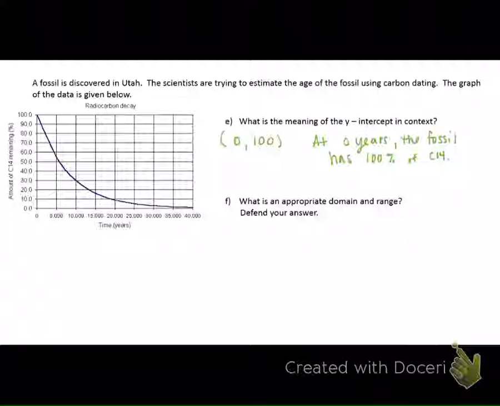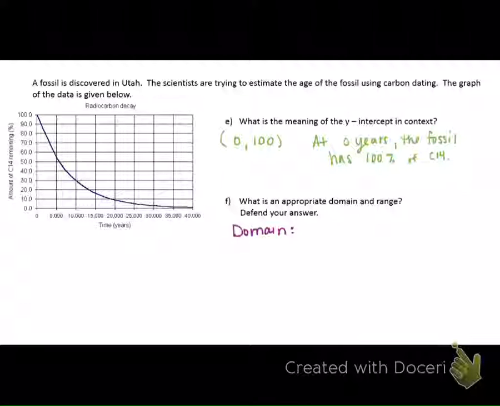So again, we're talking about context. So domain and range is not necessarily going to be negative infinity to infinity, right? So we have to be careful there. So state the appropriate domain. What is the farthest to the left x value we could have?